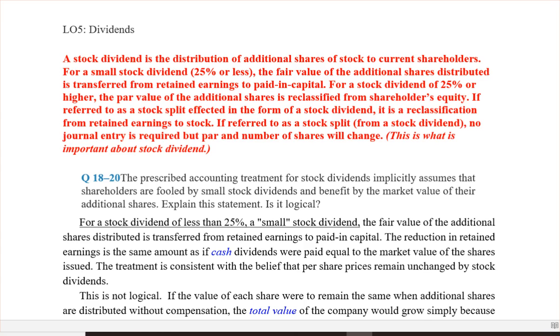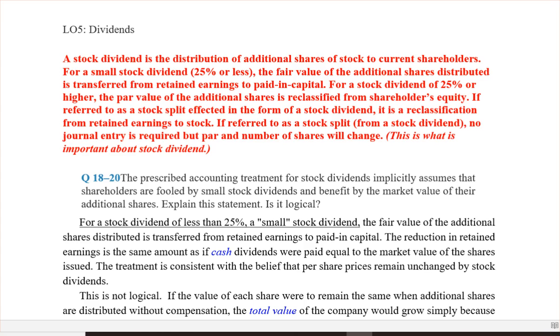When it's small in value and you are going to do a stock dividend, the accounting is going to be transferring the fair value, which is the market value, from retained earnings to paid in capital. This is very loosely said because it's going to be a common stock and a paid in capital common stock account.